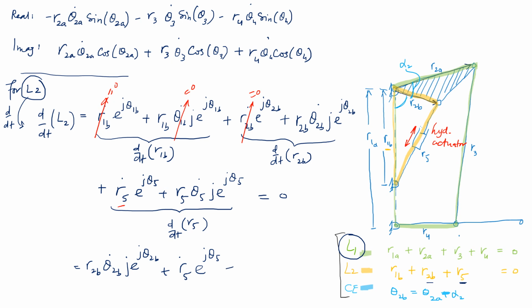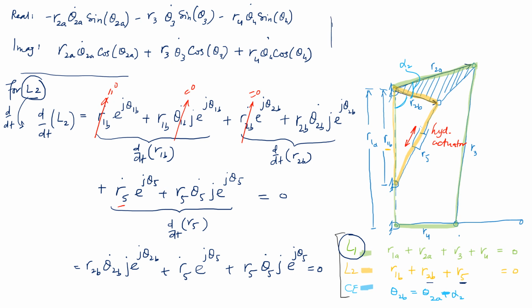Then you have R5 theta 5 dot j e raised to power j theta 5, and that is going to be equal to 0. Now you have this expression which is appearing because of taking the time derivative of expression L2.